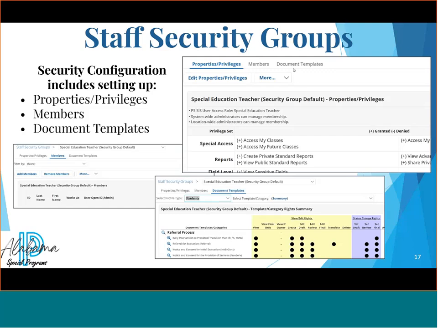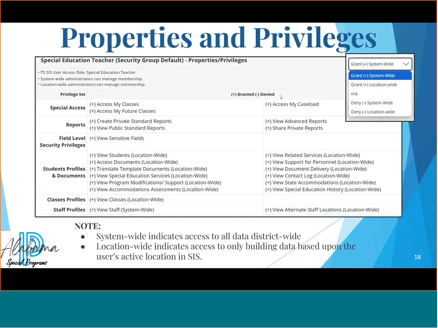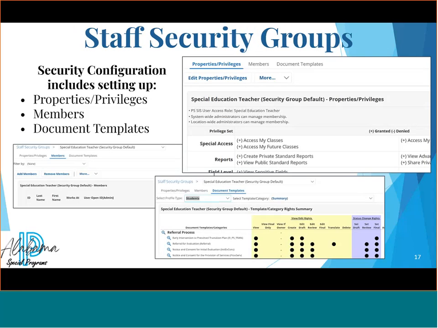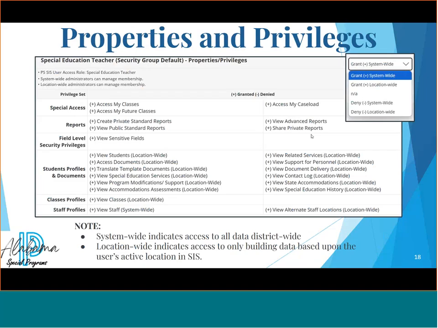And the first tab we're going to talk about today is properties and privileges. So when you click here, you're going to see this screen. Okay? It doesn't have this little box. That's just another screenshot. When you access the properties and privileges for the special education teacher, you're going to see this page. And these are all the privileges that a special education teacher has been granted. Okay?